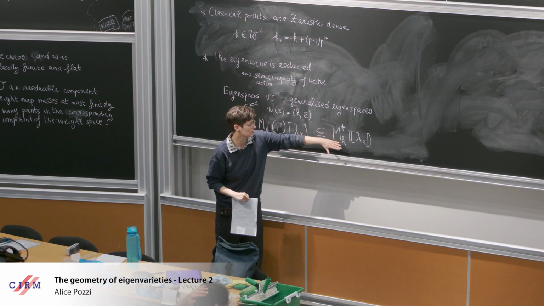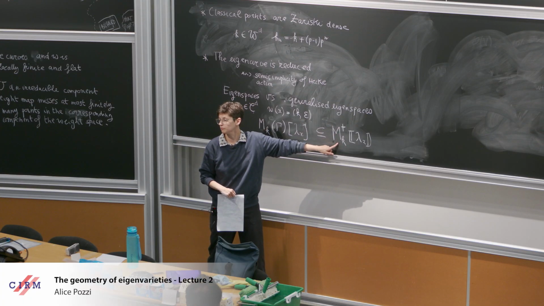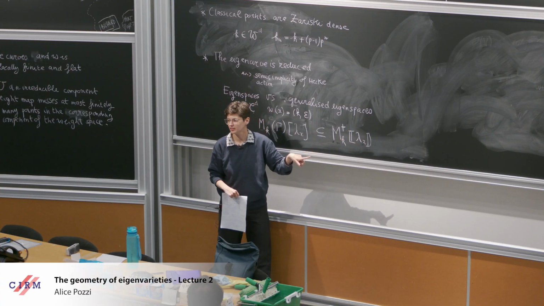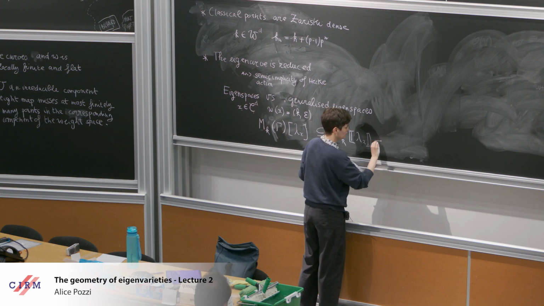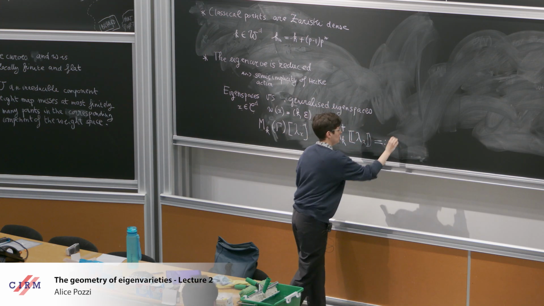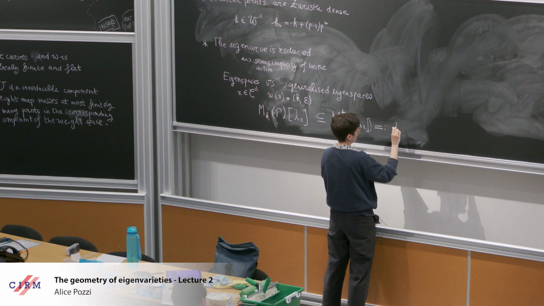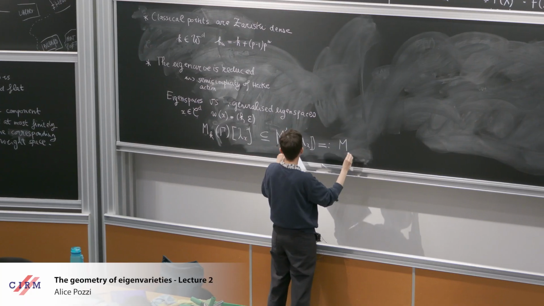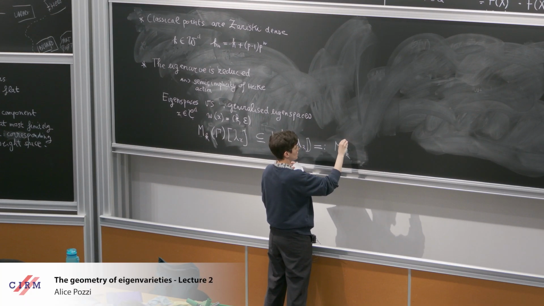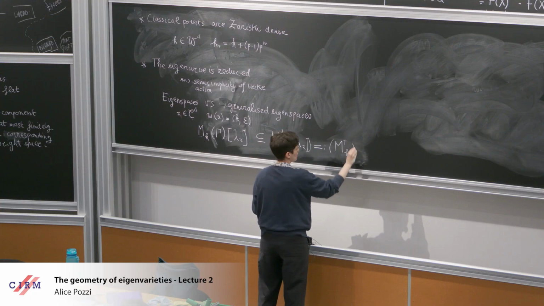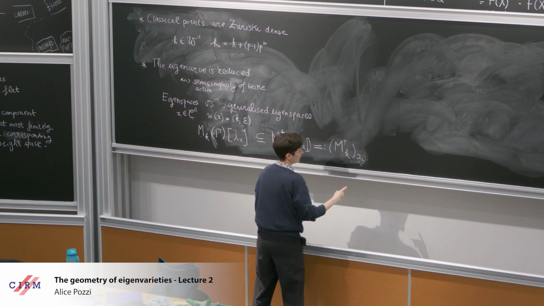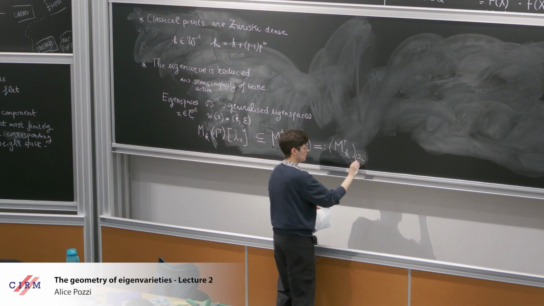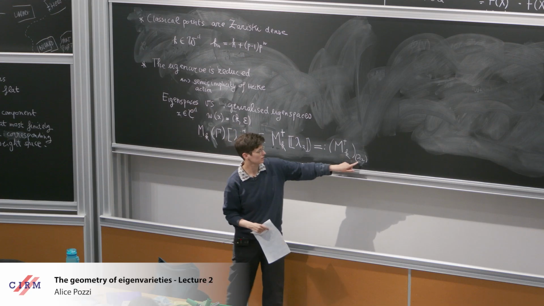So I'm going to look at this inside the overconvergent forms. And this double bar here is a notation that means, concretely, I'm going to take this space of weight k and localize at the prime ideal corresponding to the system of Hecke eigenvalues defined by this.